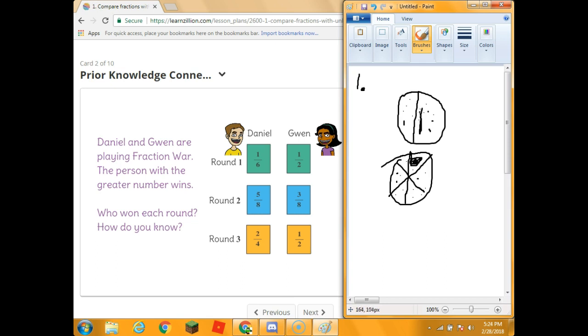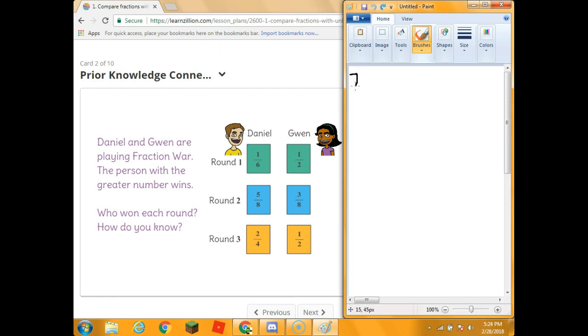And imagine if you got one of these pizzas. Which pizza would you most likely take because it's bigger? The 1/2 because it's bigger than the 1/6. And you might not be as hungry, so you would pick the 1/6, but if you were really hungry, you would pick this one.